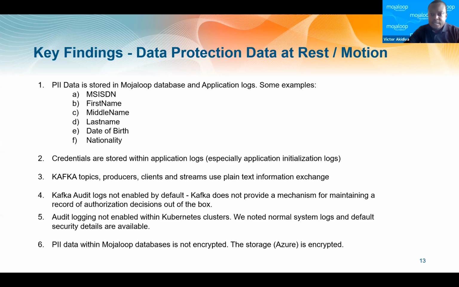And this is something that needs to be taken up with the development team. We looked at data processing and data in motion, where we focused on the Kafka topics, producers and clients, and the streams. And we identified that we currently run with plain text information exchange. However, the recommendation here would be to implement security for downstream implementations.